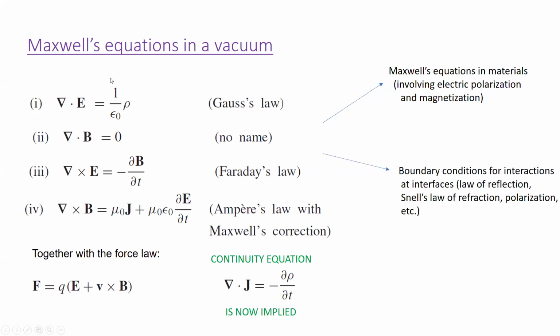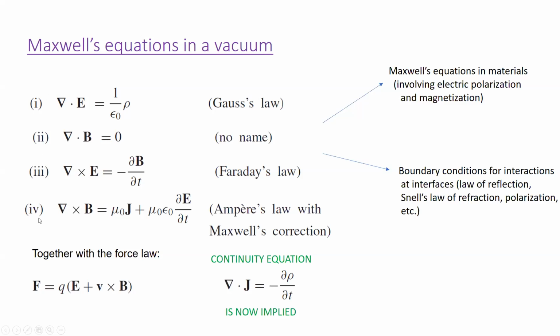These equations are sufficient to figure out what happens at the boundaries between interfaces. So like when light, or when electric and magnetic fields, which constitute light, as you probably already know, go from air to glass or from glass to water.